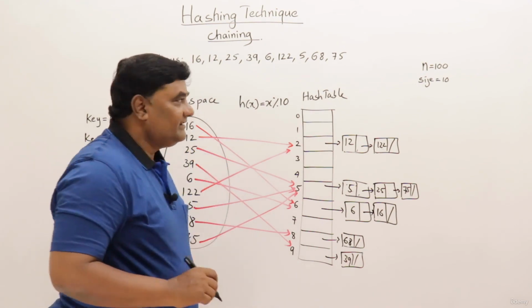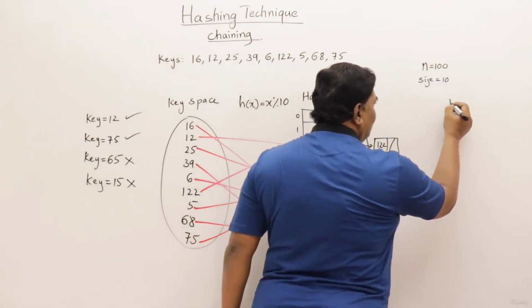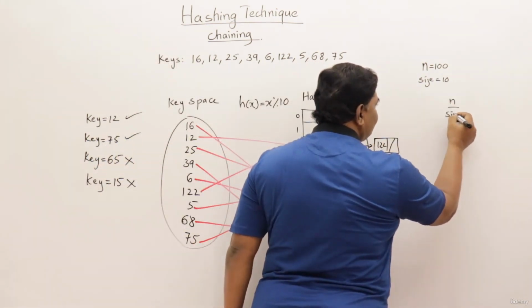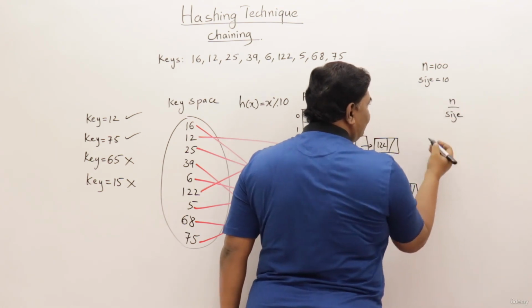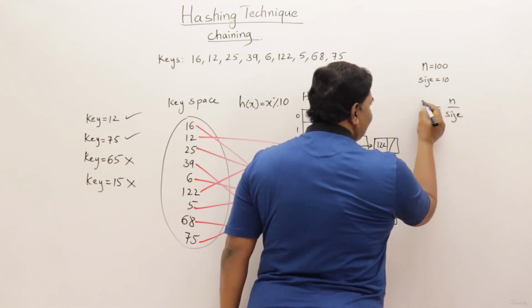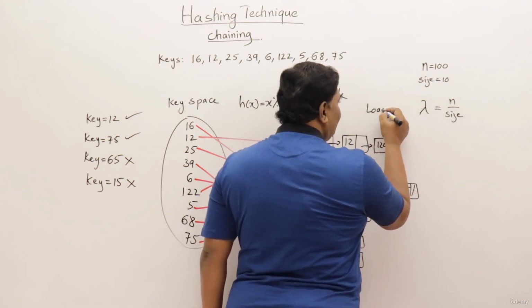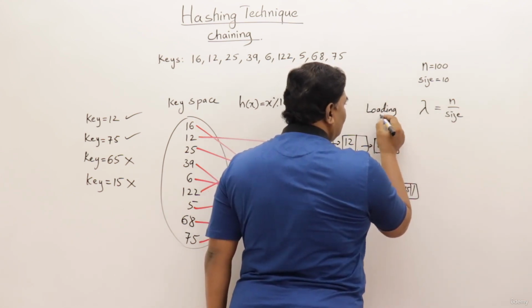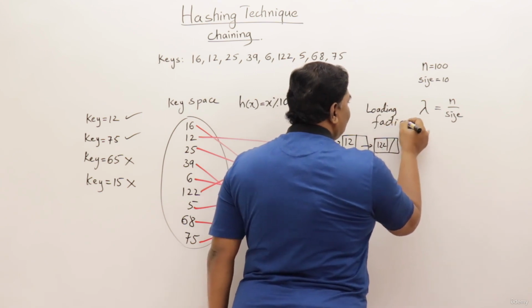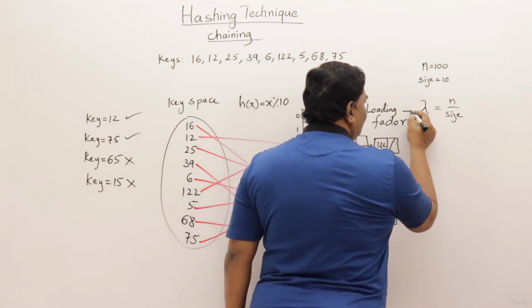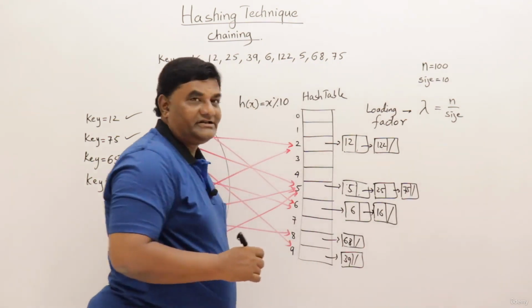Now the very important thing: I'll take n by size, that is, number of keys by size. This is represented with a lambda or alpha and is called the loading factor. This loading factor is very important in hashing.